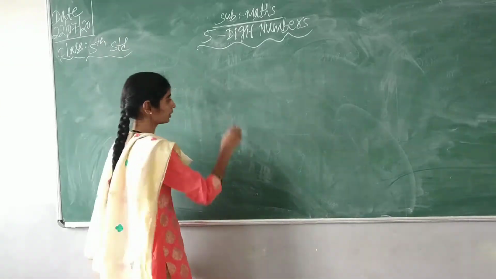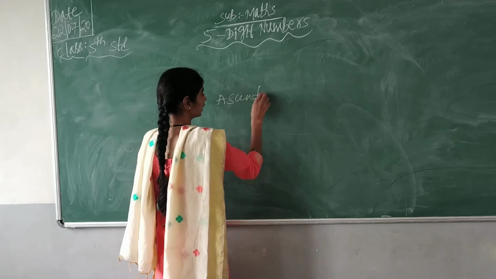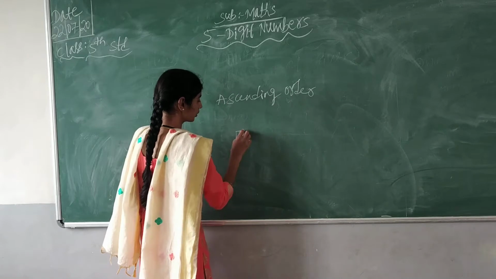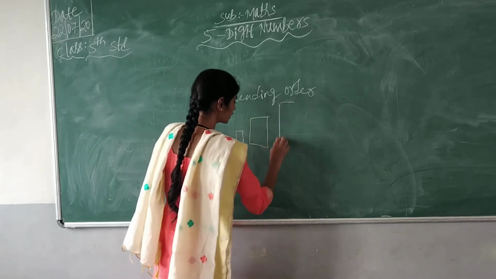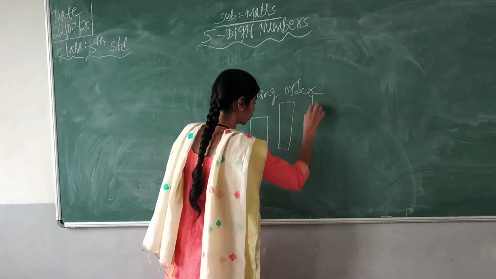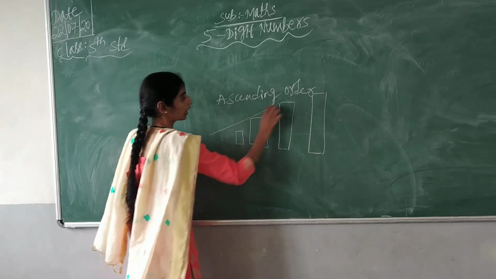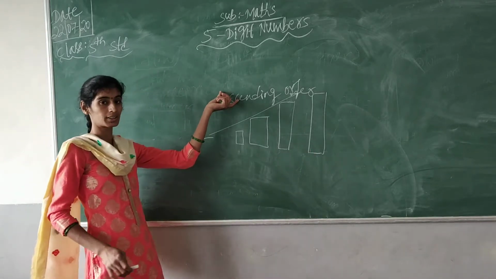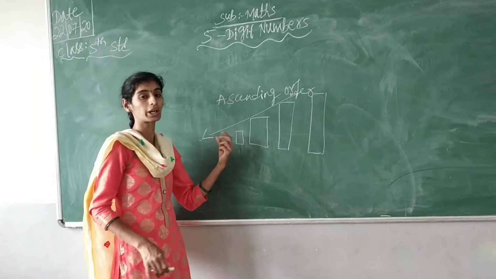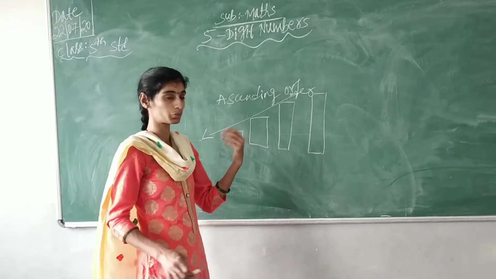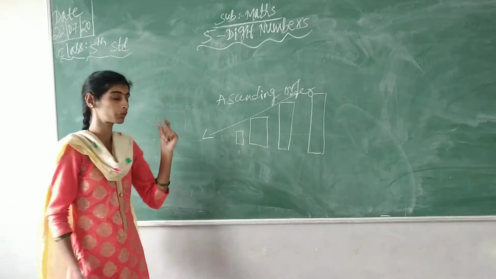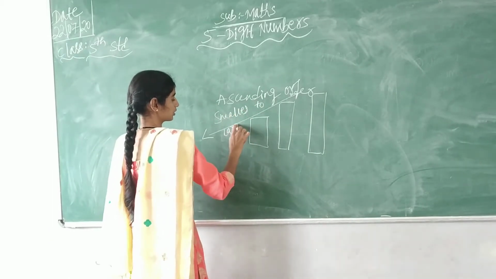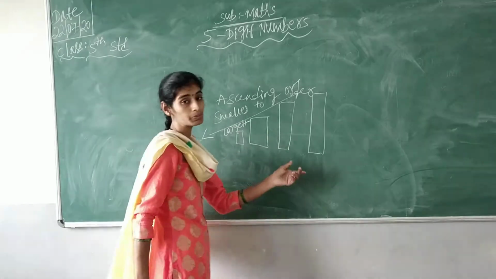Whether we are arranging numbers, things, or objects, whatever you can take, the arrangement should be from smallest to largest.